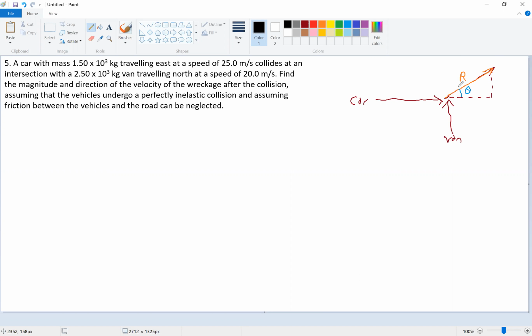So the basic concept here is that we're going to consider the mass of the car times the velocity of the car plus the mass of the van times the velocity of the van.